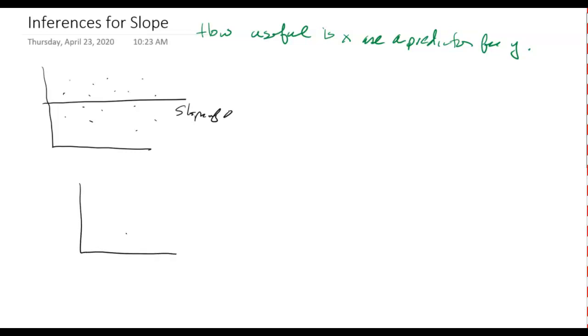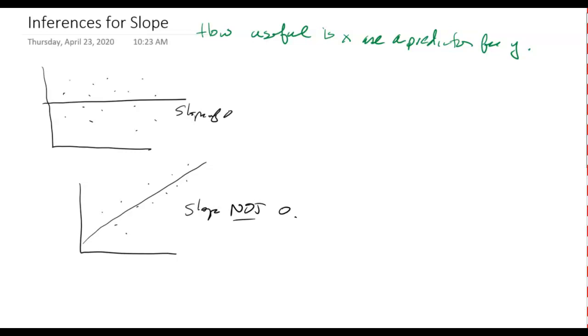So here we have some sample data that appears to be a little more linearly correlated than the one above, to see if our sample data is going to provide us enough evidence that our slope is anything but 0.